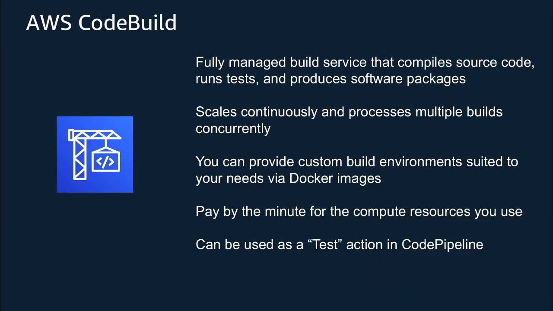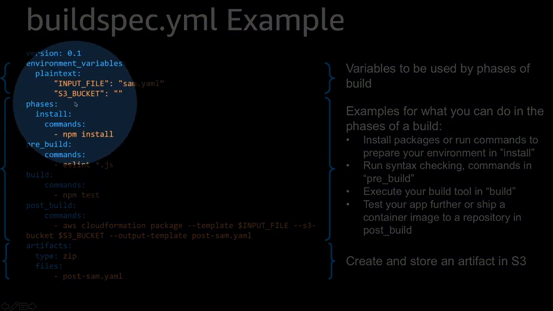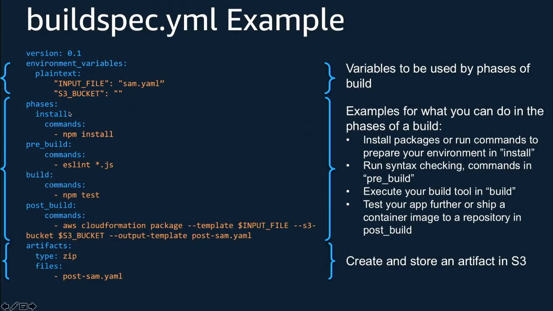CodeBuild allows you to run your tests. You give it a script, a configuration file, and you tell it what to do during the build phase. Okay, so the build phase might look like this. You have some environment variables. You have different phases, like, okay, in the install phase, install the dependencies. In the pre-build phase, do some linting.